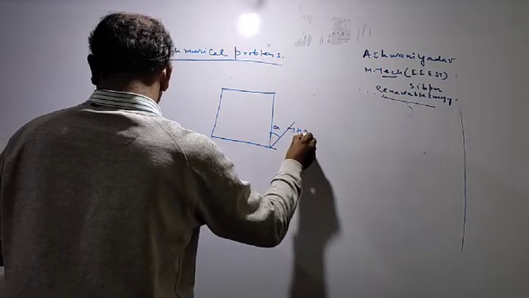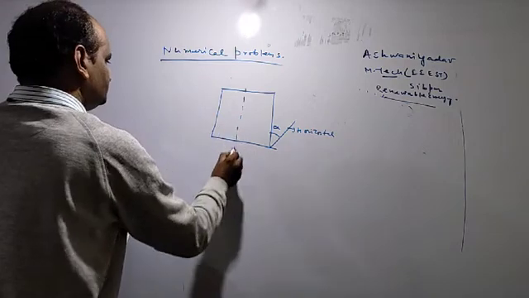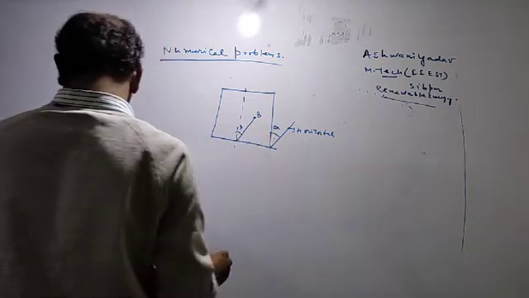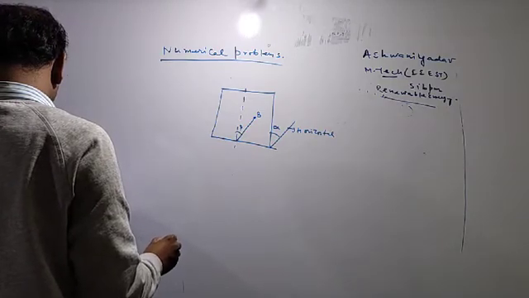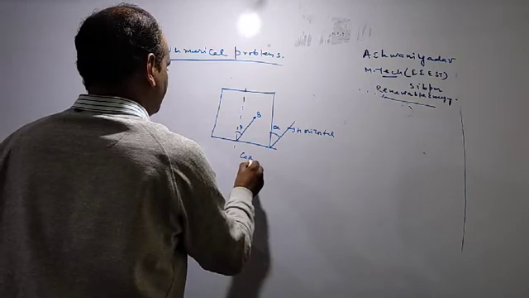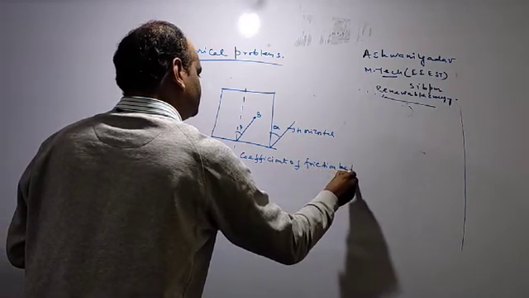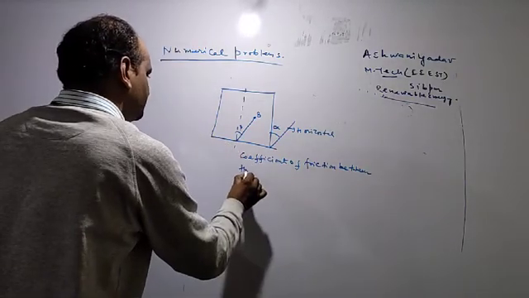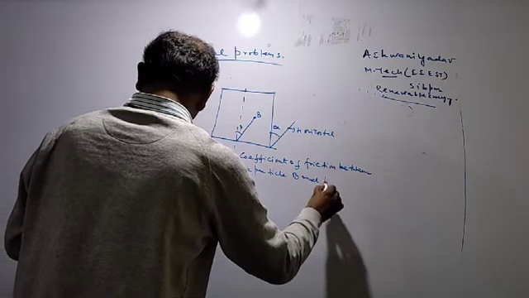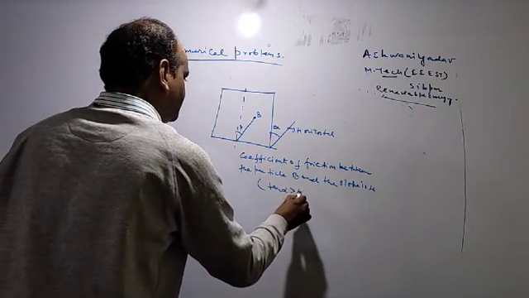This is horizontal and this is the inclined plane, and from this beta we have point B. The coefficient of friction between the particle B and the slope is mu, and tan alpha is greater than mu.